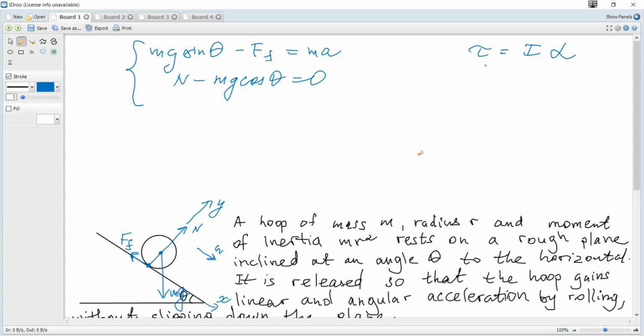And what is the moment of force or torque? It's force multiplied by the perpendicular distance, the shortest distance, and it should be considered with respect to some point.